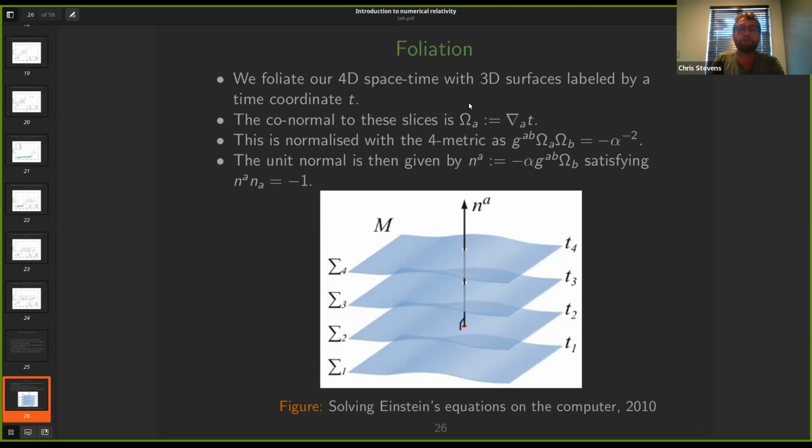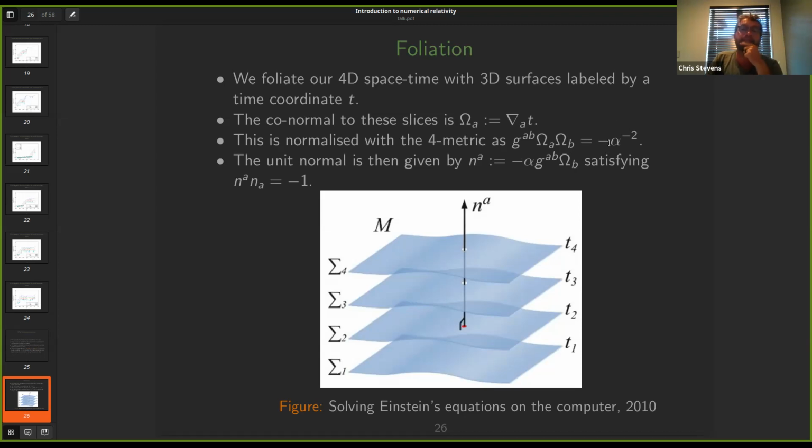So we introduce this co-normal to these t equals constant surfaces, capital omega, and this is just the direction that's important. What we want to do is define the lapse to be related to the length of this normal, and we can do that by saying that the metric contracted with this omega twice is given by this here.